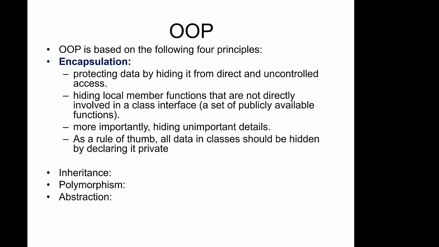So this is the general concept. When we code, the rule of thumb is that all data in classes should be hidden, that is, should be private. Remember we said an object or a class is basically data and methods, or in other words, state and behavior.